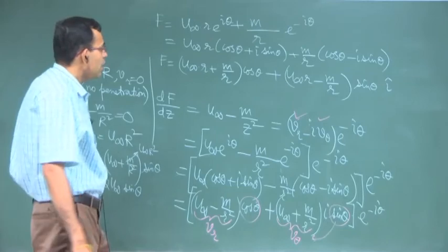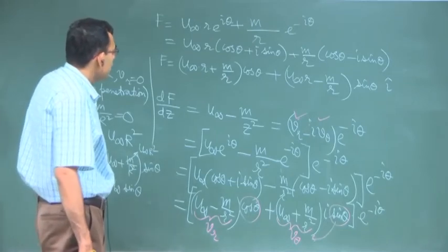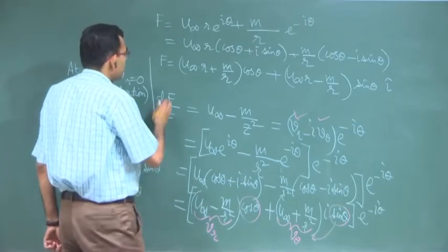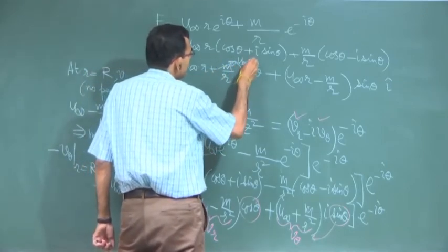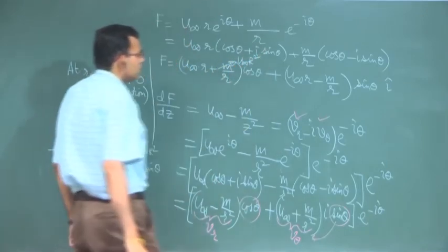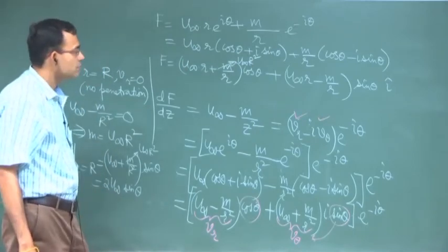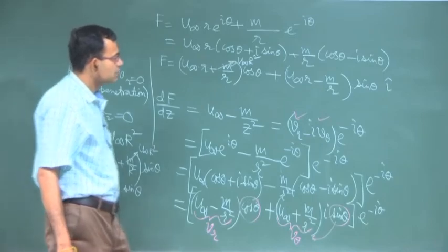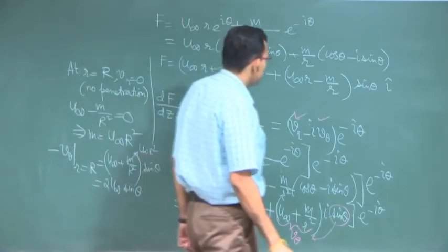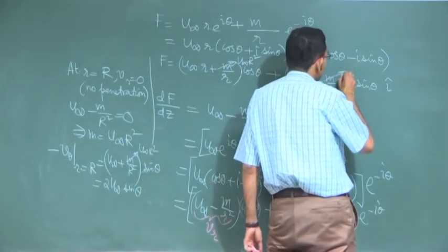Now, at small r equal to capital R, m is u infinity into r square, and here also m is u infinity into r square.